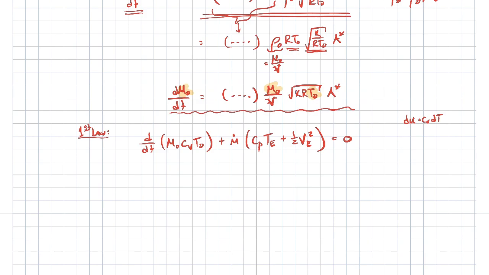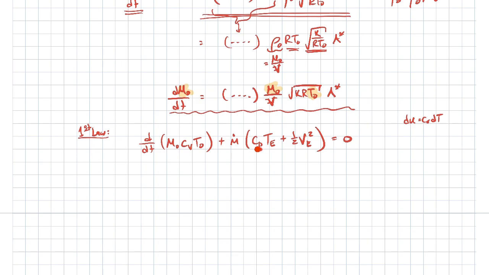For an ideal gas, du is equal to Cv dT. So that's what I've done here, for an ideal gas. And then this term is the rate at which total enthalpy is leaving the control volume through the control surface. So there's the mass flow rate out of the control surface. This is the specific enthalpy out of the control volume.